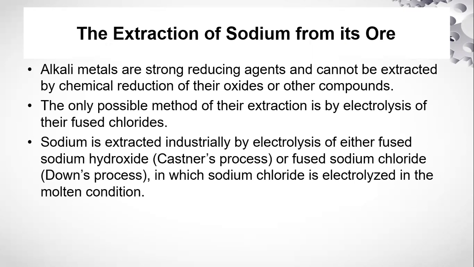Sodium is extracted industrially by the electrolysis of either fused sodium hydroxide, that is the Castner process, or fused sodium chloride, that is the Downs process, in which sodium chloride is electrolyzed in the molten condition.